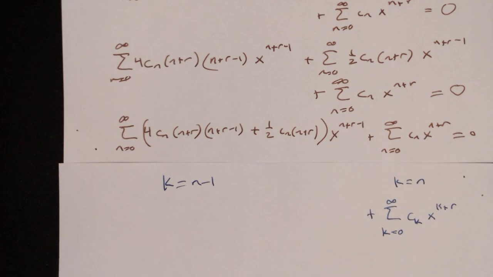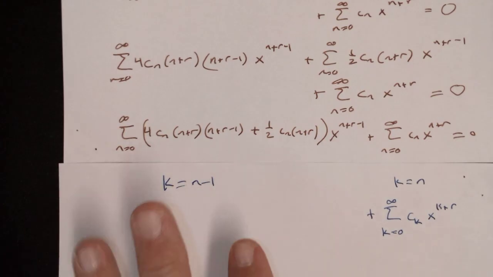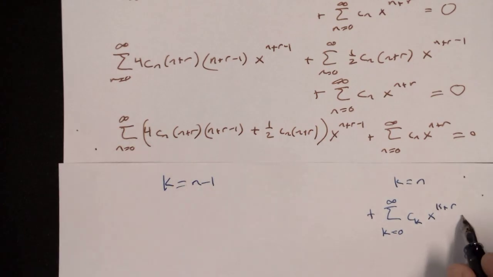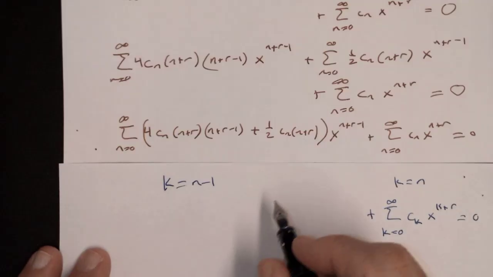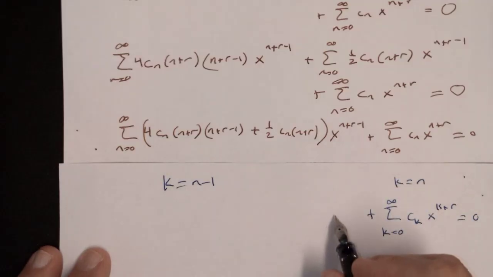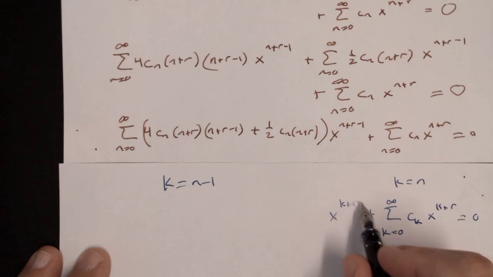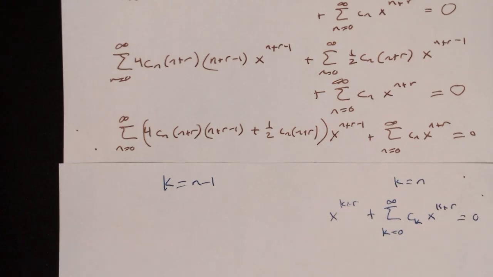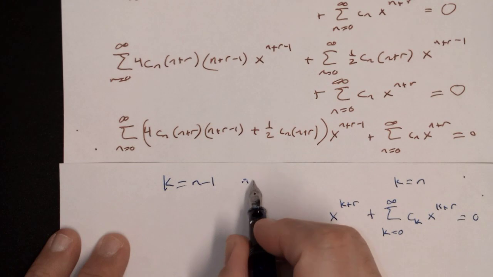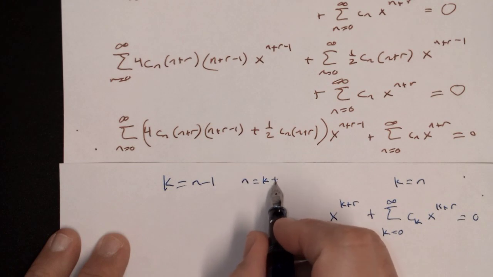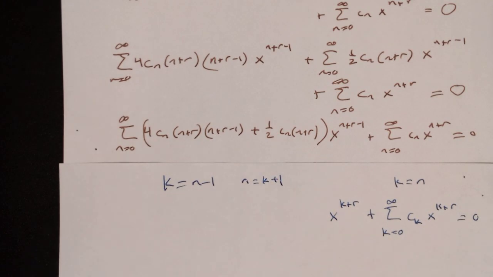But what happens with all this over here? Well, wherever I see n minus 1, I'm going to put a k. So that means this will be x to the k plus r, because I have an n minus 1 on that power of x. But that also means wherever I see an n, I'm going to put a k plus 1, right?